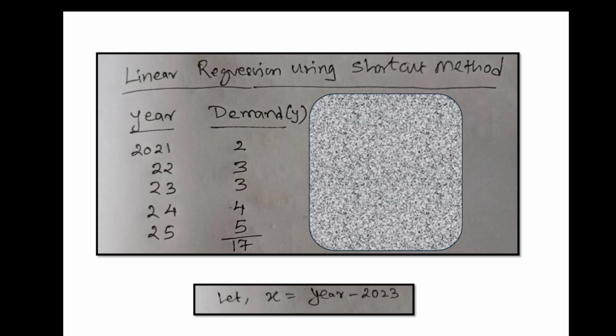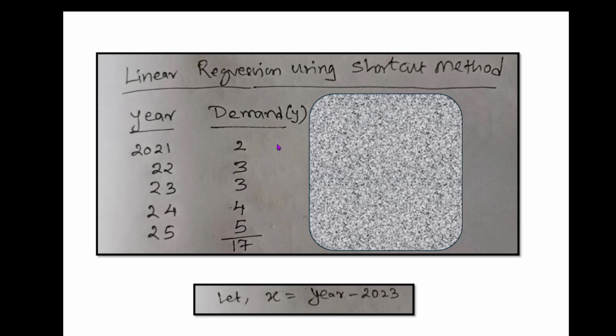Sometimes you will be required to find the forecast for the next year when you are given data for a series of years. As in this case, we have been given demand for 2021 to be 2, maybe 2 million or whatever the unit is.